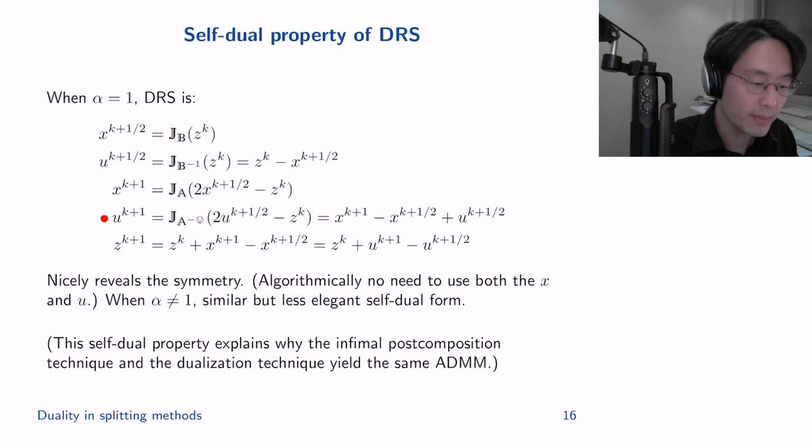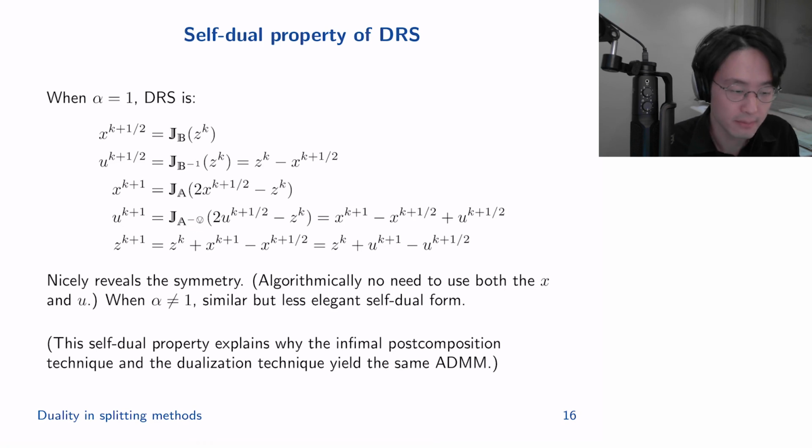And the uk plus 1 iterate can also be expressed in this way, where we perform a reflection with respect to the dual iterates, the dual uk plus 1/2 iterate, and we apply the resolvent with respect to A inverse of v. And finally, the zk plus 1 update can also be expressed using the dual iterates as well.